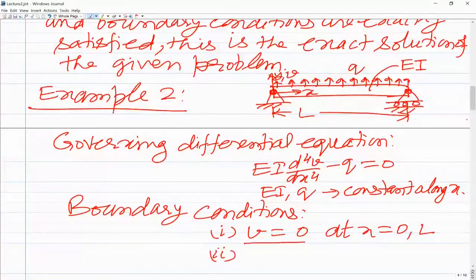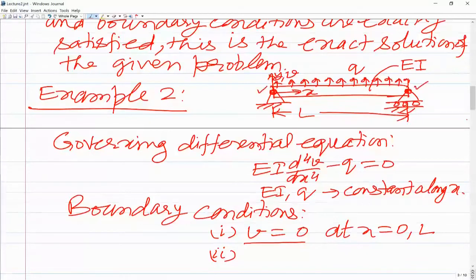And then another set: for the pin support the bending moment would be 0, because the support allows the rotation of the beam about the z axis passing through the left point, and the z axis passing through the right side. So the bending moment in that case would be 0.